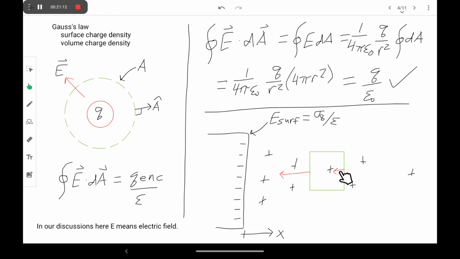And so there's a small net electric field pointing inward. Here it's even bigger because more of the charges are on the other side. And so we do have a net electric field pointing towards this negative plate. And so that's going to be how we start.